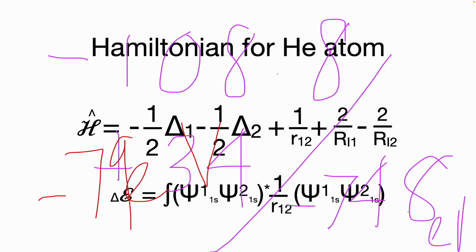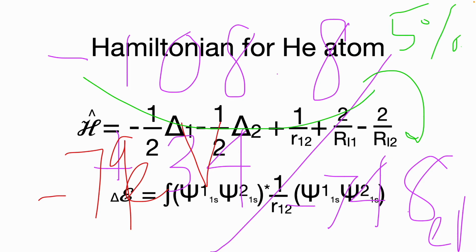So, using first order perturbation theory, we were able to improve our estimate from minus 108.8 to 74.8, which is about a 5% error between the actual value and the predicted value.